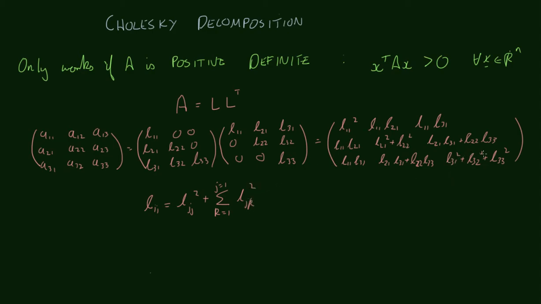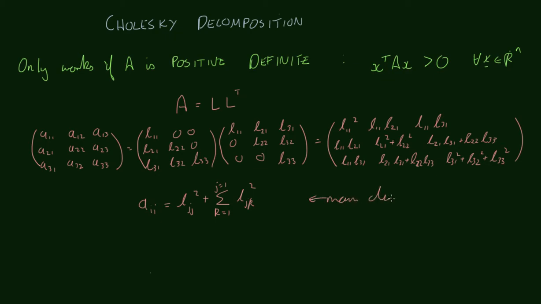For example, if we take the third one, we have L33 squared, and added to that we have L31 squared plus L32 squared. So that gives us that. One thing, I've just made a mistake here: that should be A11.